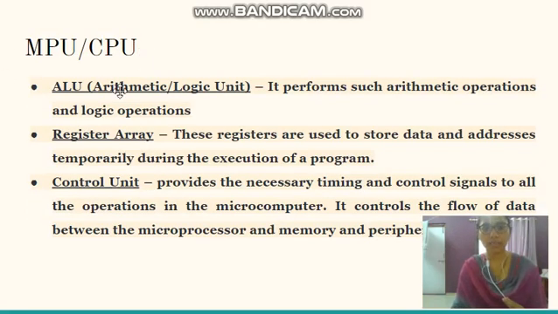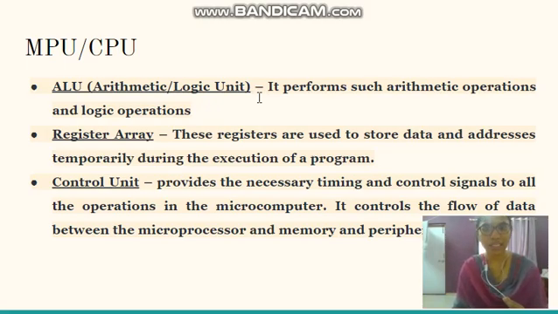Then coming to the microprocessor unit, as we saw, it consists of three major parts: the arithmetic and logic unit. As the CPU is the brain of your entire computer system, this ALU is the brain of a CPU. ALU is the short form of arithmetic and logic unit.